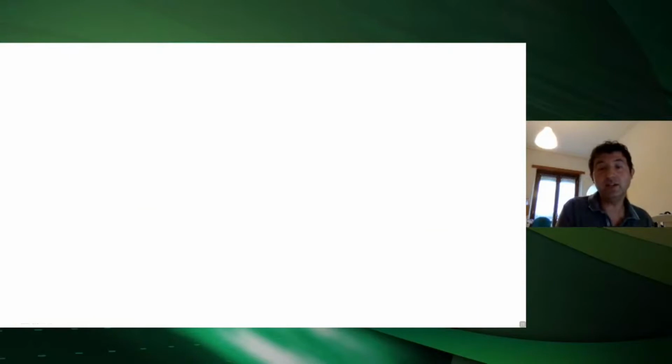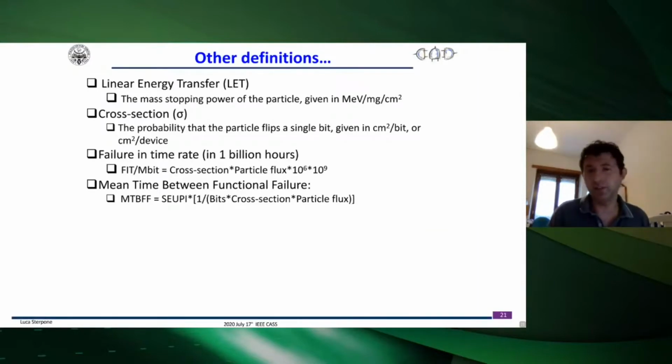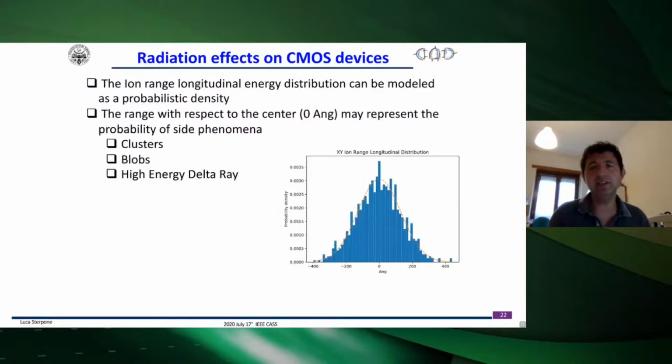So it is complex to analyze this scenario, and there are a lot of other definitions to investigate that we will cut now, because what we need to understand is an approximation of the model that we will investigate. A first approximation that is made for studying the FPGA is the ion range.